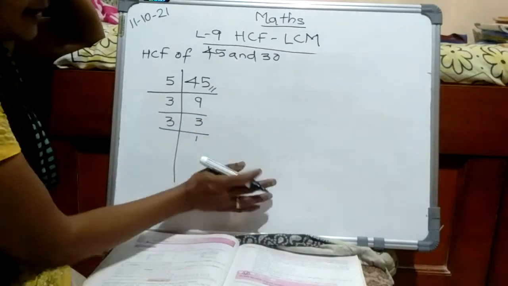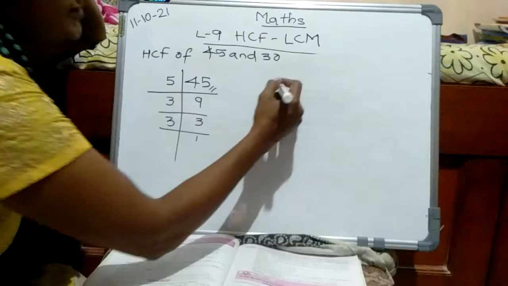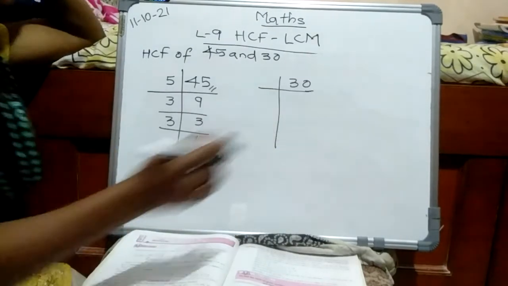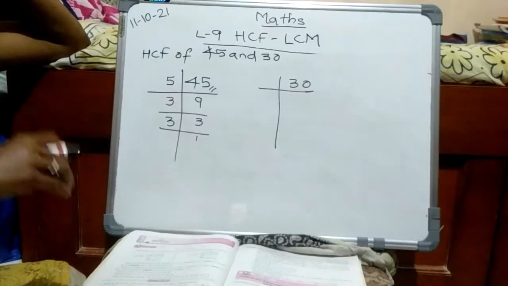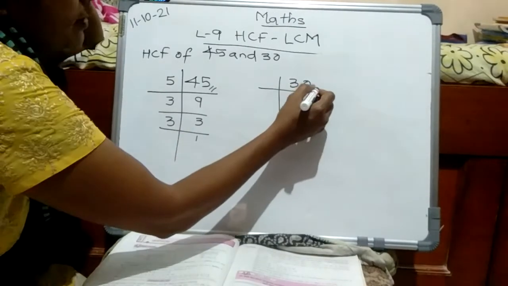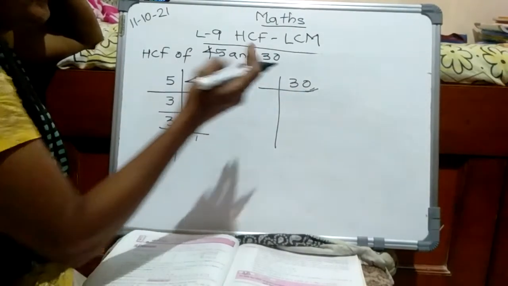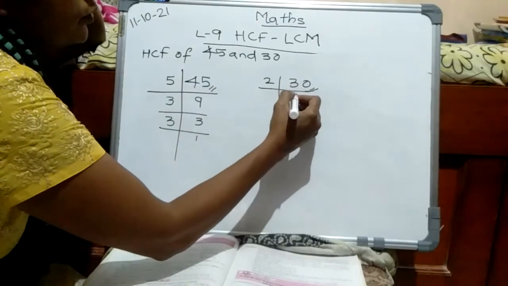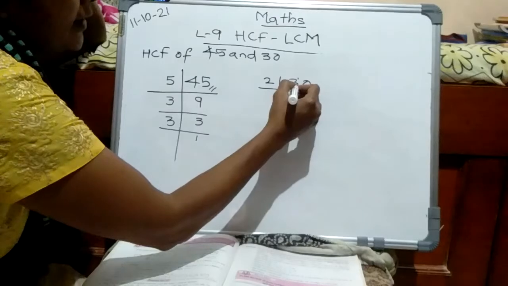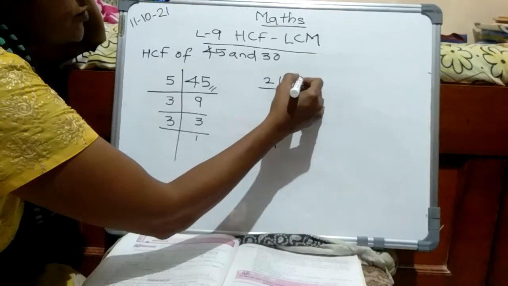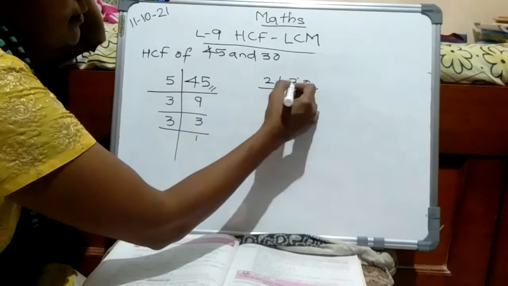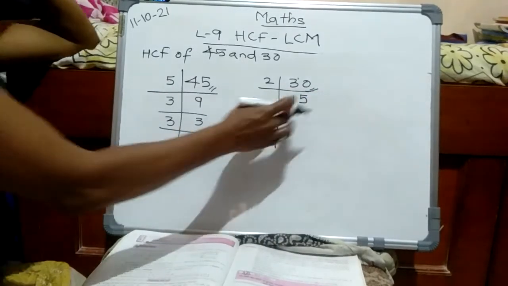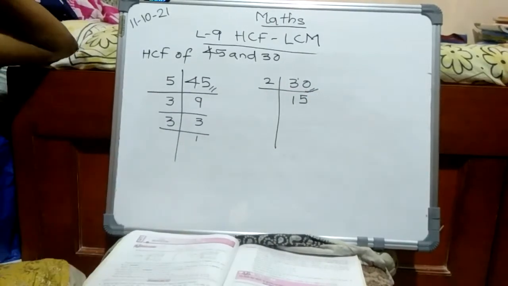Okay, the next number is 30. Now we know 0 is there, which means it is divisible by 10, or 5 in the unit place, or 2. Okay, 2, 5 and 10. So we'll start with 2. 2 fifteens are 30.